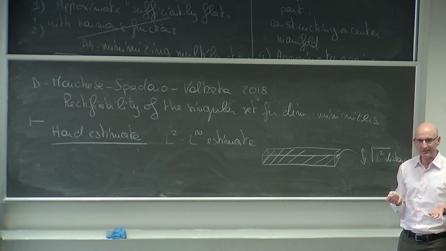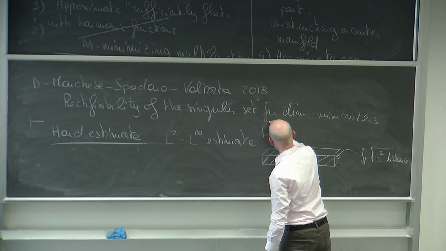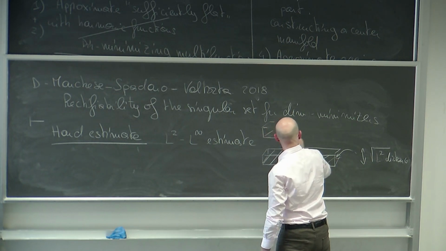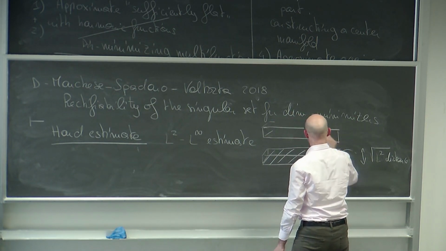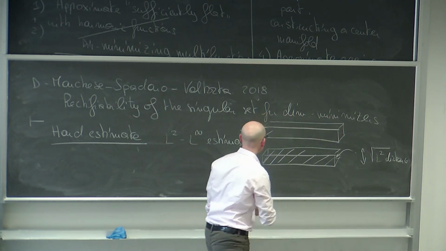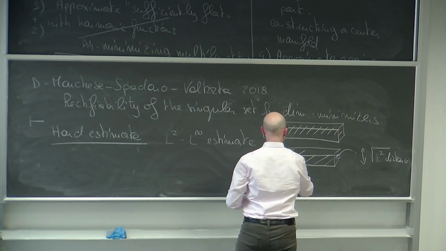But because you have a multi-valued function, there's also another situation that you might imagine. There's another slab over here, and there's some space in here.